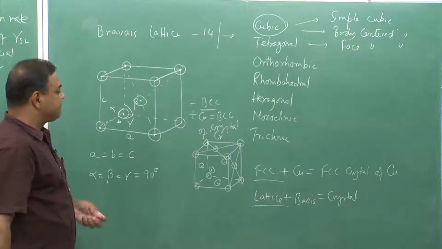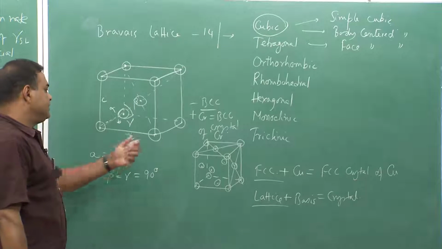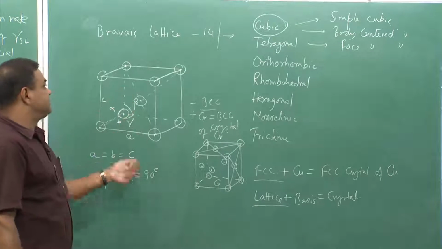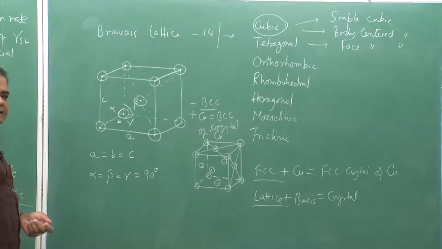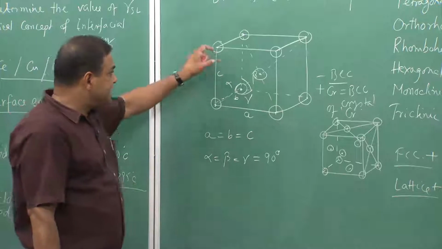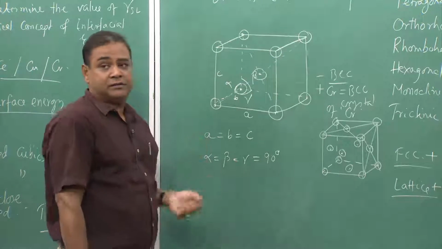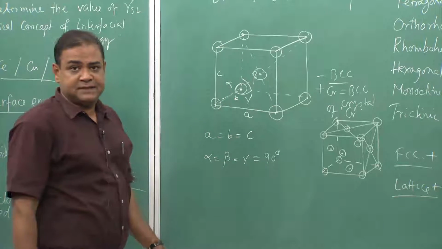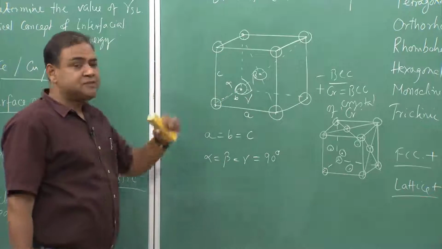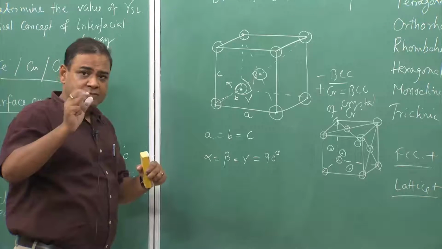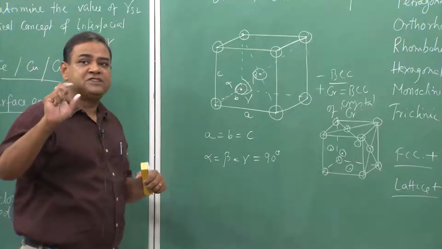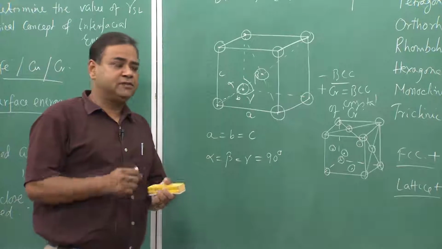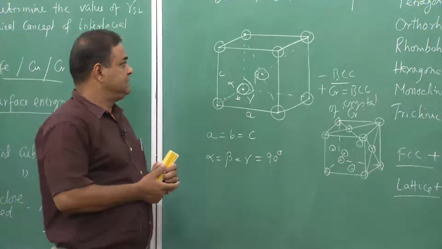Now, once we have a crystal, that means we have atoms. How are those atoms placed? We know that atoms are placed at each corner, but what would be the distance between the atoms? These atoms are spheres, solid and incompressible spheres, so they cannot be compressed.